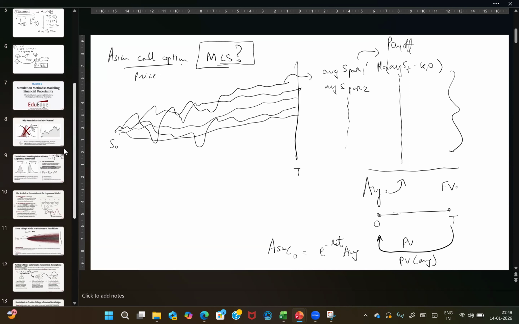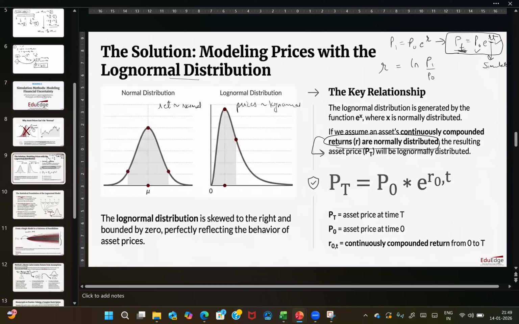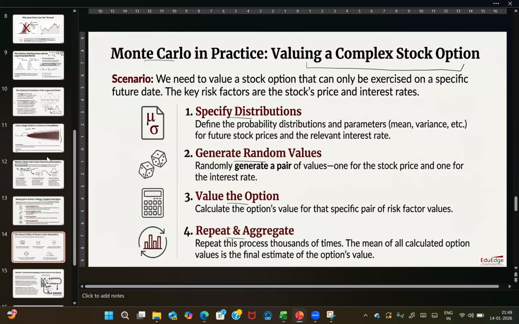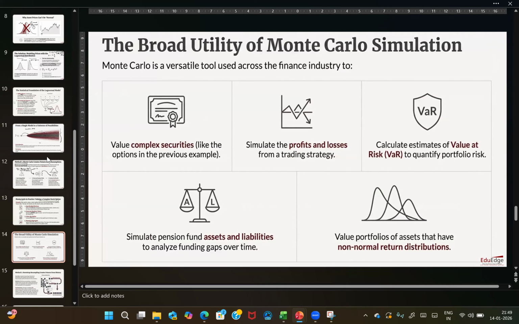So let's take a step forward and look at some of the applications of Monte Carlo simulations. Monte Carlo simulation is broadly used in the investment world and the risk world. It is used to value complex securities like options.